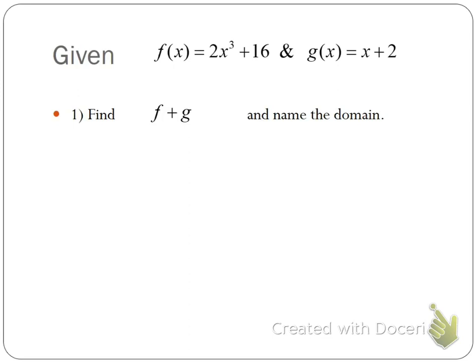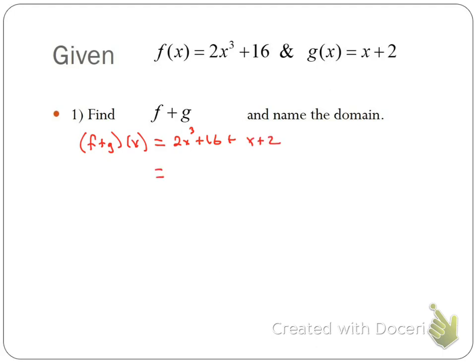So, given, I say find f plus g, given this is f of x, this is g of x. So (f plus g) of x is going to equal f of x, 2x cubed plus 16, plus g of x, which is x plus 2.